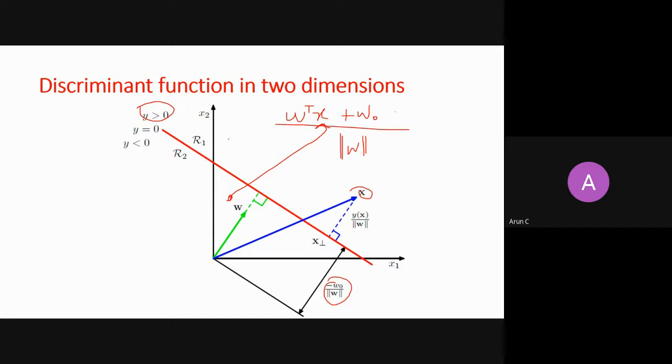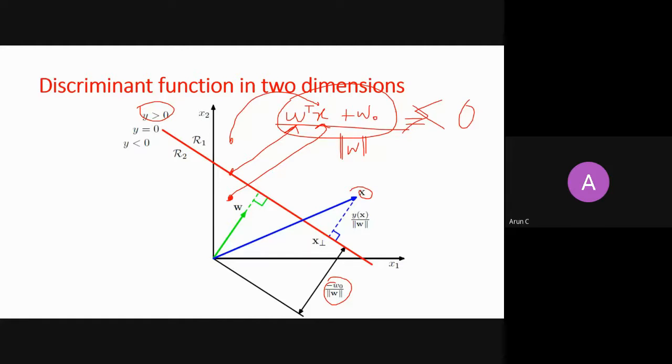I remember I spent a whole 45 minutes on this slide only, just to give you an intuition. So this is the equation of a hyperplane. If you feed any x which is below the hyperplane, this number will be less than 0. If you feed any x which is on the hyperplane, it will be equal to 0. And if you feed any x which is above the hyperplane, it will be greater than 0.